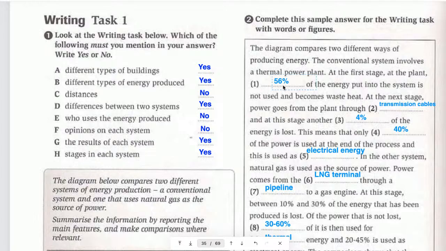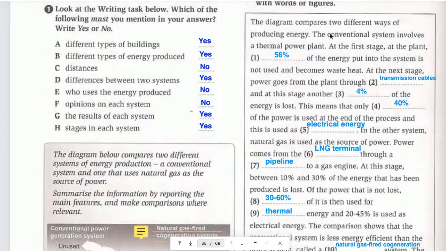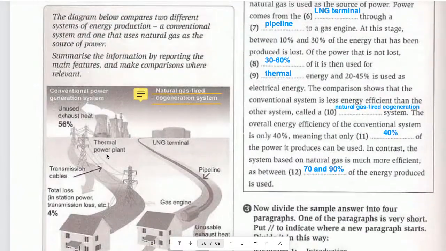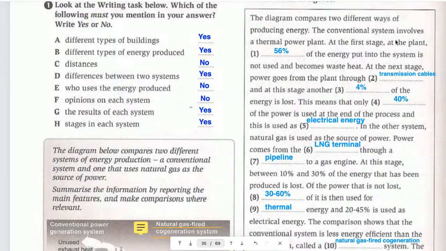Okay, the answer for the first one is 56%. Here, the diagram compares two different ways of producing energy. So you can see from the diagram, we can see two different ways of producing energy, right? And then what? The conventional system involves a thermal power plant.